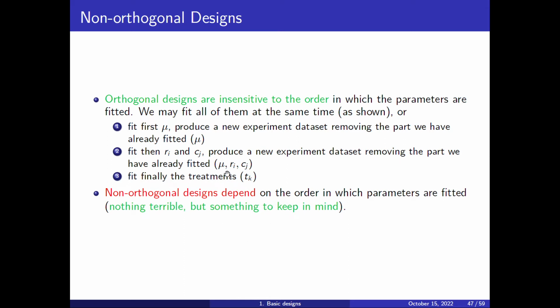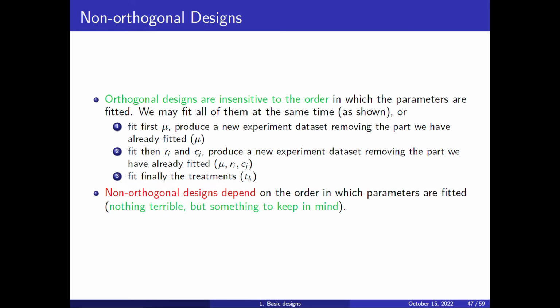For instance, now for non-orthogonal designs, you cannot do it in this way. You have to solve all of them at the same time using least squares. And if you follow any sequential procedure, depending on which order you fit your parameters, you will get some results or others. So it is not extremely different results, but the estimates of your main effects and so on are not the same.